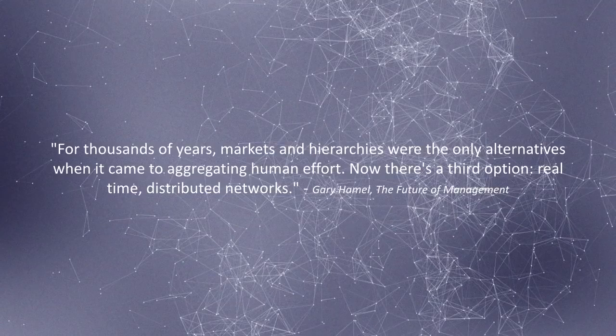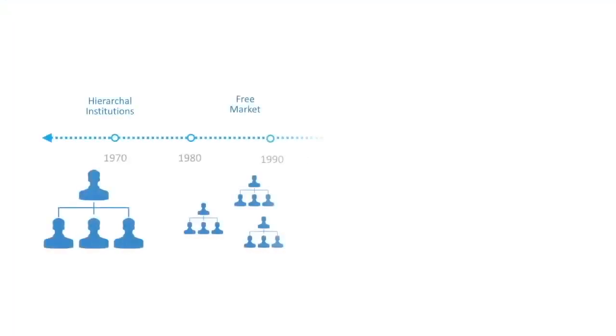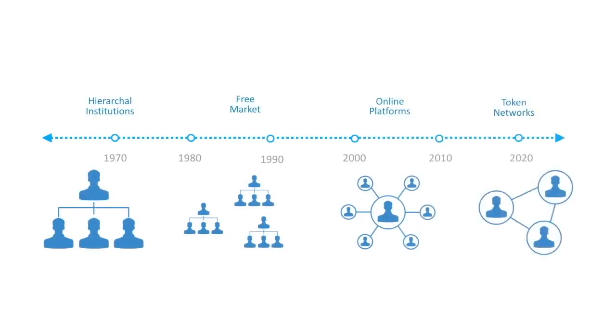And there have been some studies on the rise of networks over the past 50, 70 years. Yochai Benkler from Harvard Law School looks at this evolution of networks, from the traditional hierarchy of the mid-20th century, where everything was accepted as having to be done in a hierarchical fashion, through the rise of the market system, which is a decentralized system to a certain extent, to the rise of online platforms and the internet, and now we're moving into the next generation of web technologies, where we're really going to decentralized token economies.